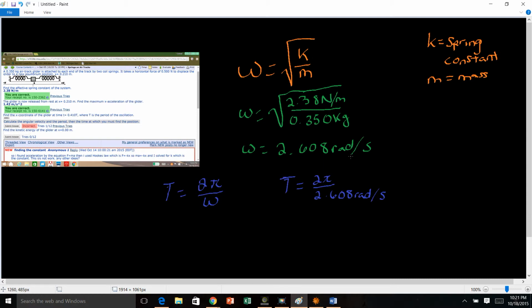If you think about trig identities or your unit circle, more specifically your unit circle, you have radians. So radians and radians will cancel out and you'll be left with seconds. So your time will be in seconds. Once we solve that, we get our time to be equal to 2.41 seconds.